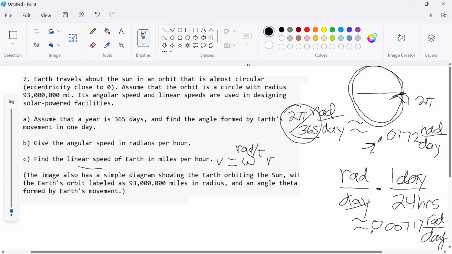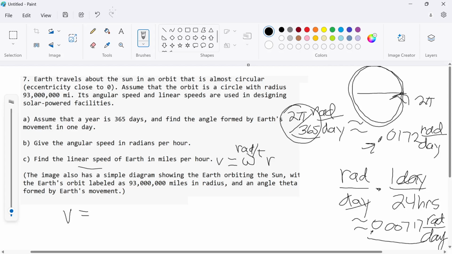Now it wants the linear speed. And again, the linear speed is the radians per unit time times the radius. So the linear speed is going to equal, I'm going to use the whole value, 2 pi over 365 over 24, and then multiply that by the radius, which is 93 million.